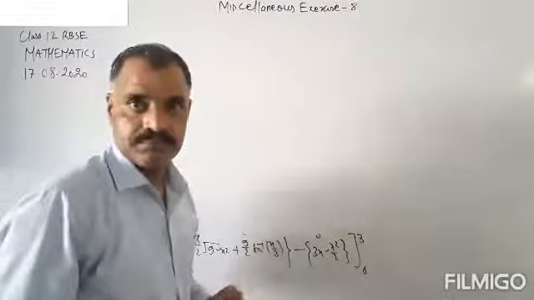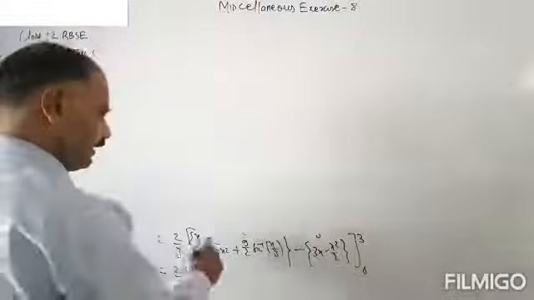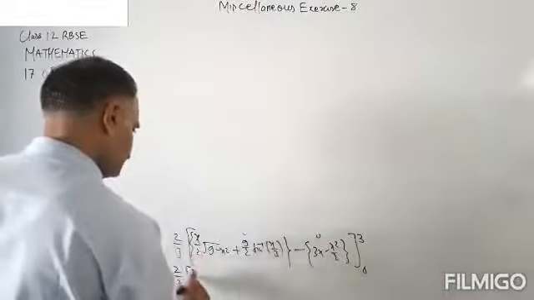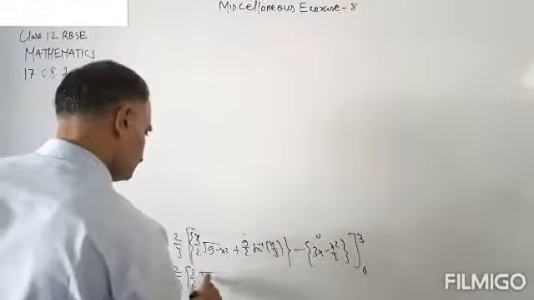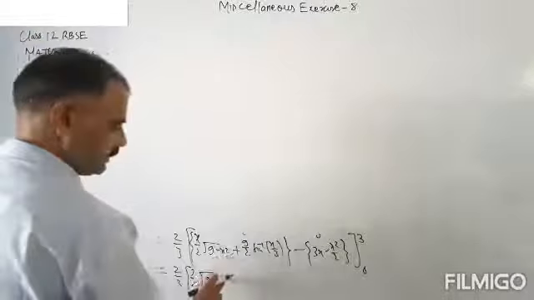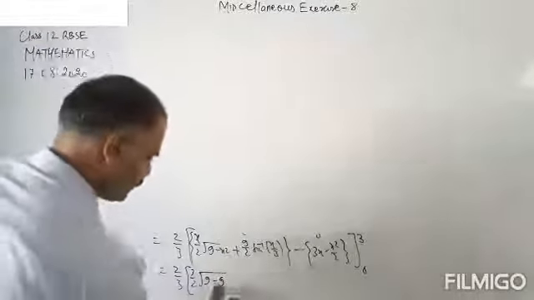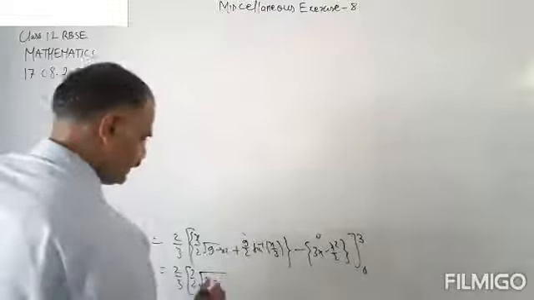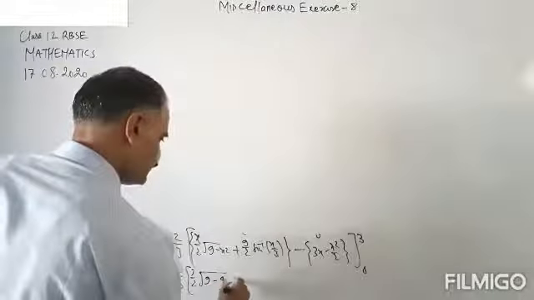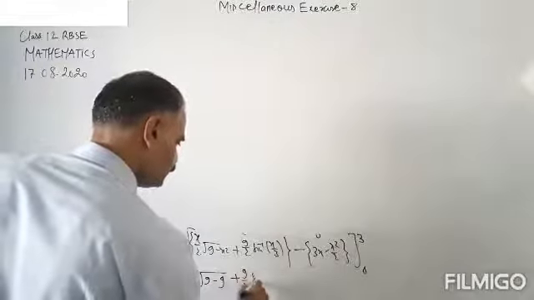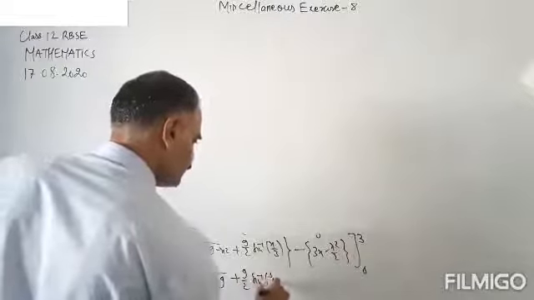Taking the upper limit, that is 3: 3 by 2 under root 9 minus 3 square, that is 9, plus 9 by 2 sine inverse 3 by 3.